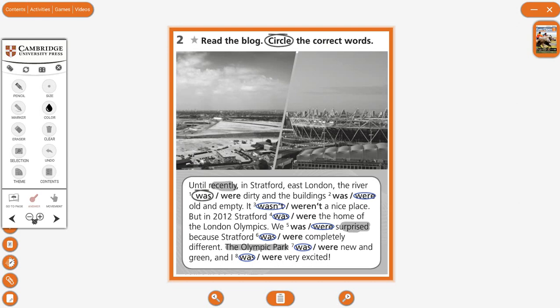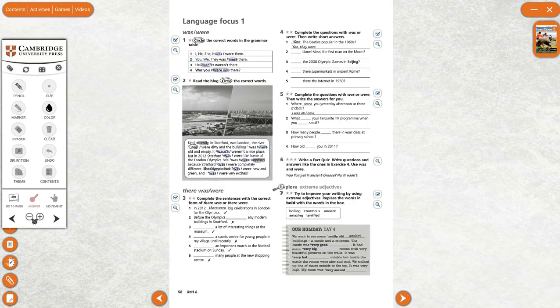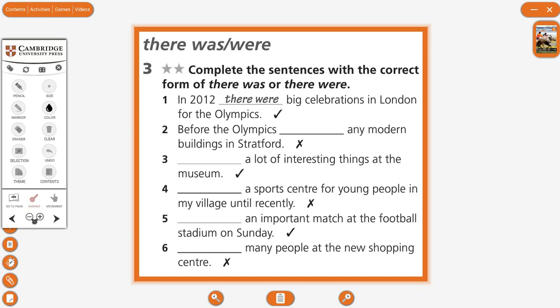Okay, I passed this exercise. Look at exercise 3. Complete the sentences with the correct form of there was, there were. If you don't remember the grammar subject there was, there were, please look at your notebook and at your notes. Then do this exercise. We use there was, there were in the past tense.